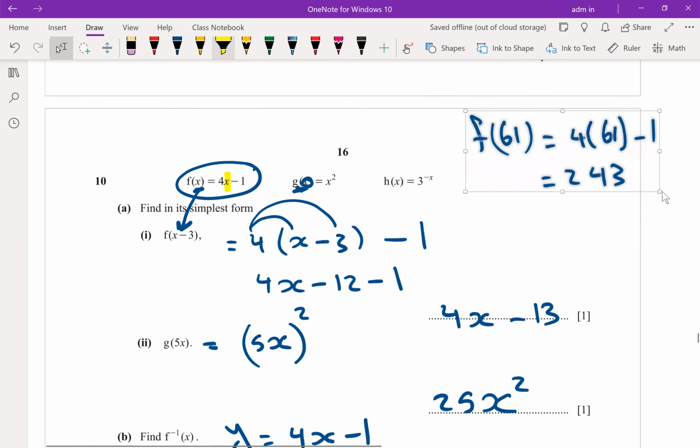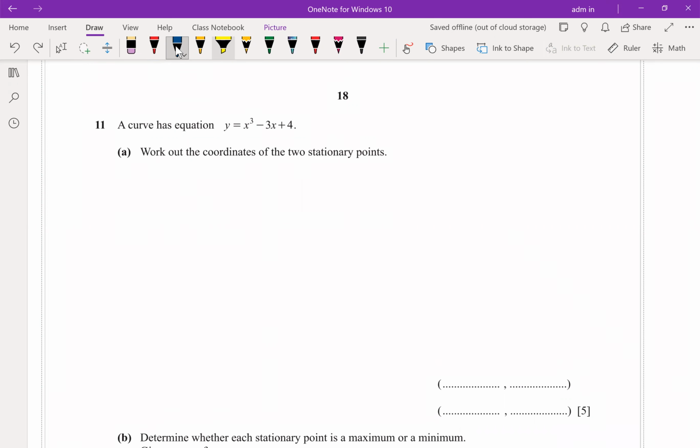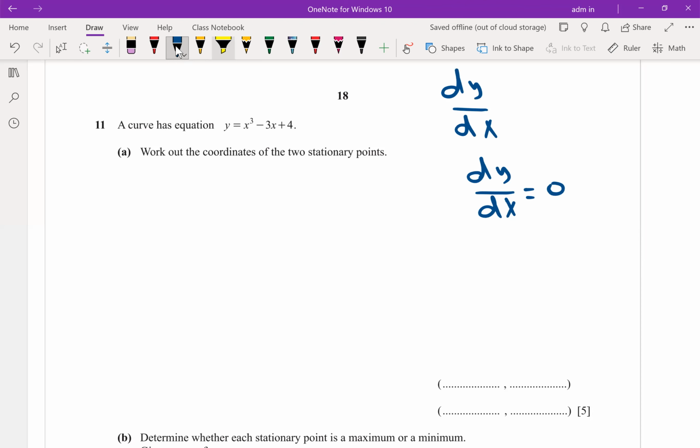What are the steps? Step number 1, differentiate by dropping the power by 1. The first step, find dy by dx. The next step, dy by dx equals 0.